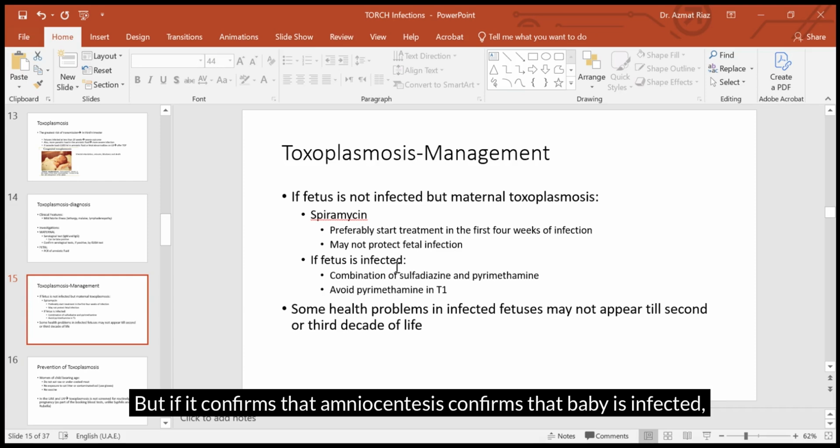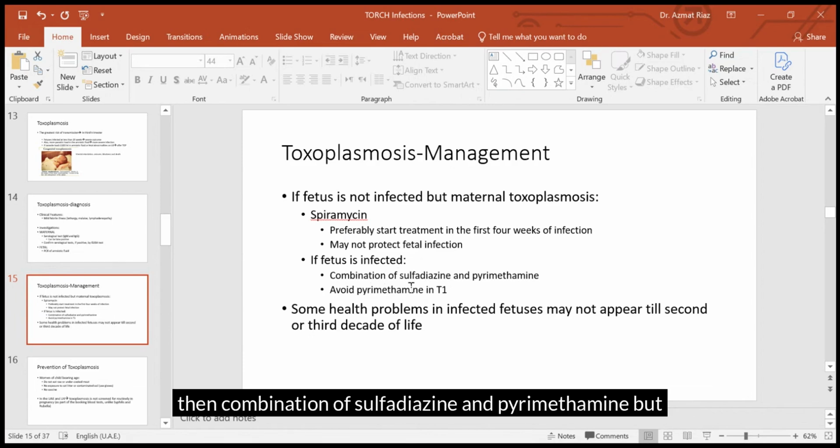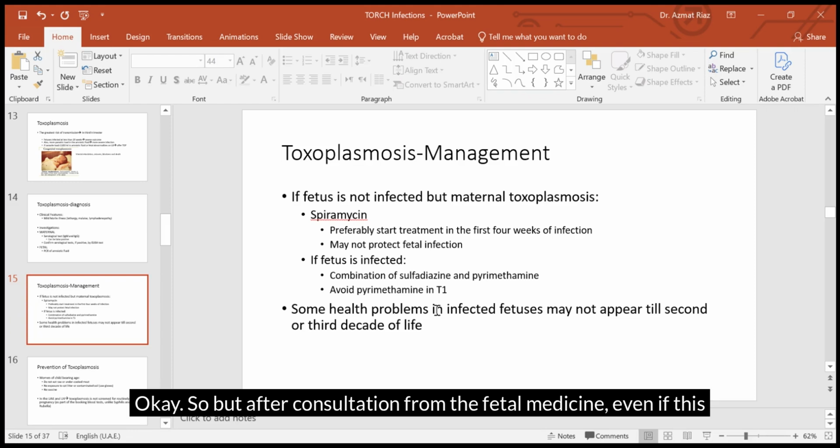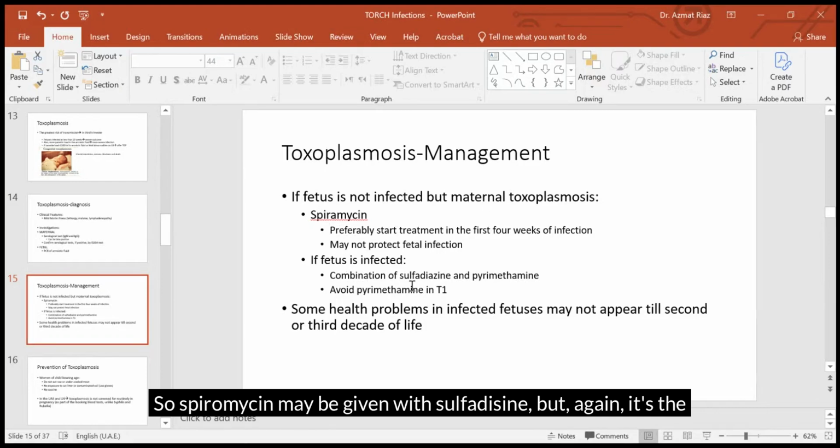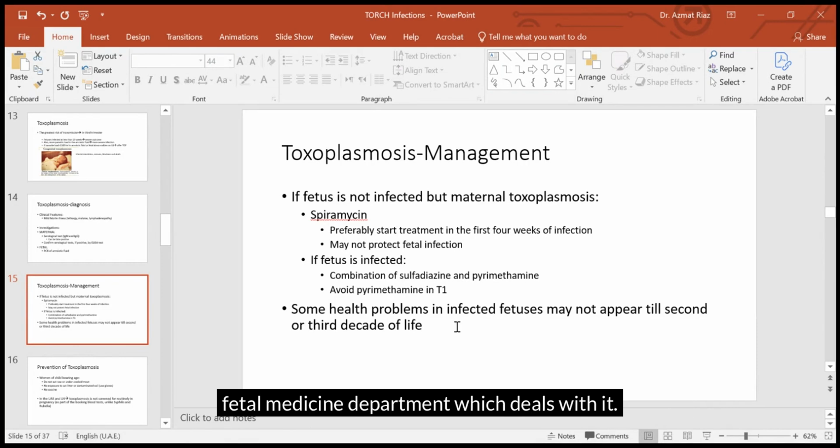But if amniocentesis confirms that the baby is infected, then a combination of sulfadiazine and pyrimethamine, but pyrimethamine is contraindicated in the first trimester. But after consultation with fetal medicine, even if amniocentesis is negative, spiramycin may be given with sulfadiazine, but again, it's the fetal medicine department which deals with it.